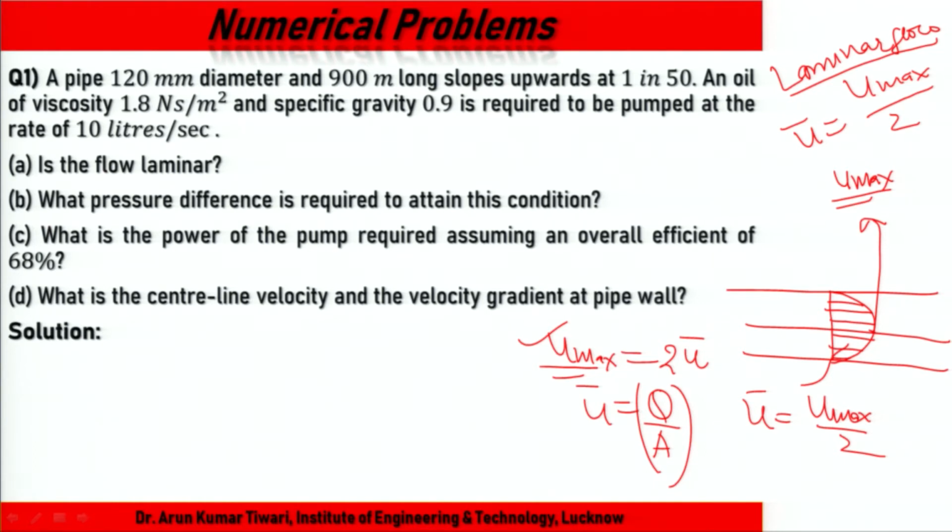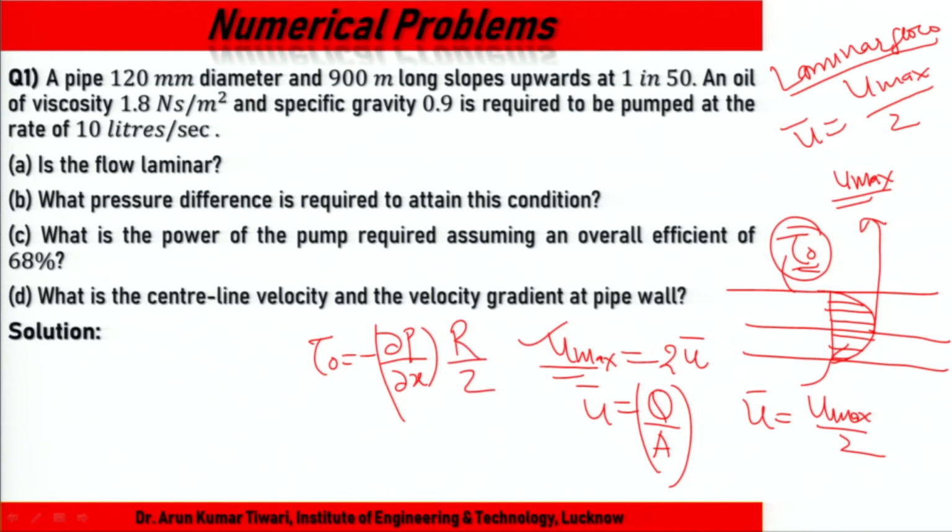And the last one: velocity gradient at the pipe wall. Velocity gradient at the pipe wall means shear stress, tau naught. We already derived in laminar flow, tau naught equals minus del p upon del x into R by 2.